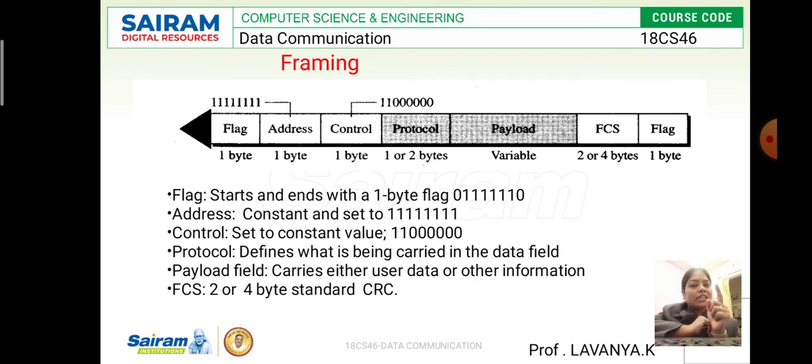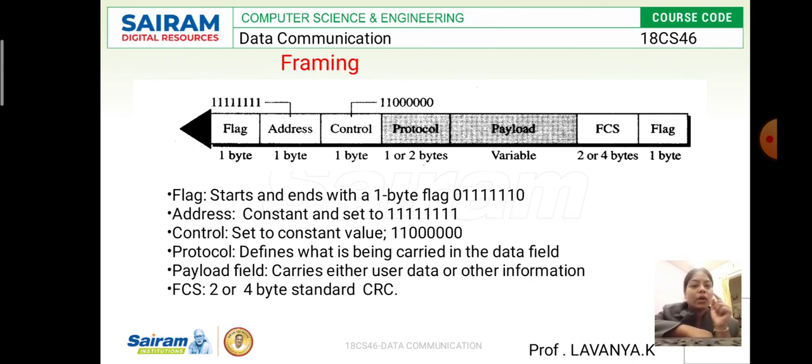Here the flag starts the frame, and the frame always ends with a flag as well. The starting and the ending of the format carry the same flag. The flag consists of 1 byte of information, so they start and end with the same data, the same bits.